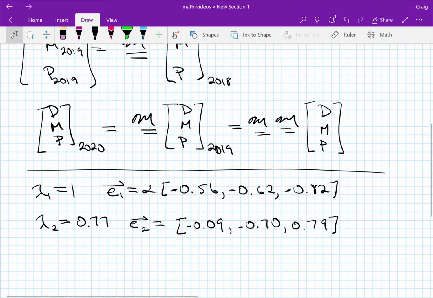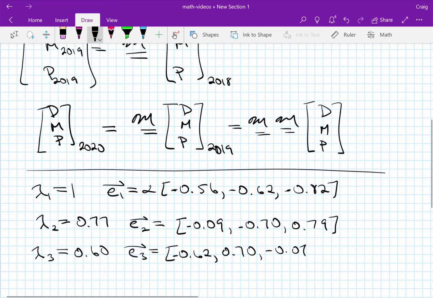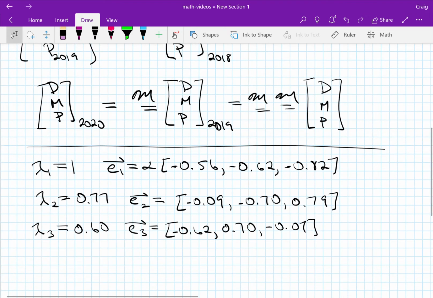And then finally, for the last eigenvalue, we have the eigenvalue is 0.60, and the eigenvector is minus 0.62, 0.70, and finally minus 0.07. Again, the overall normalization of these is arbitrary, so if you use a different package, you might come up with different overall scalings of this vector, but the ratio of the coefficients is always going to be the same.